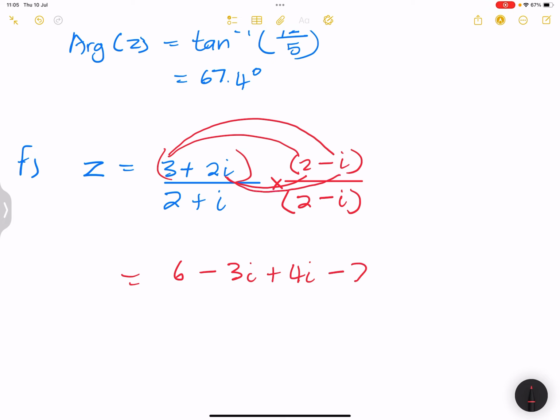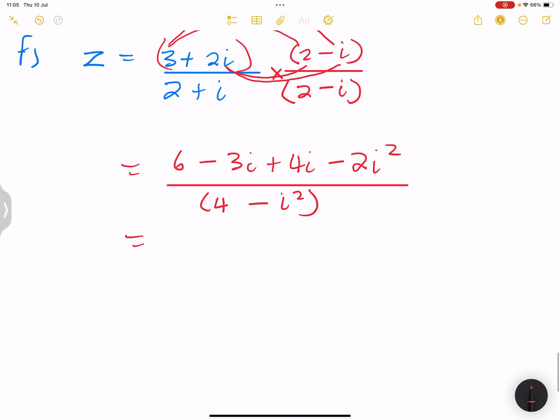That's going to be negative 2i squared. And this is divided by, when I look at the denominator, that's going to be 2 plus i multiplied by 2 minus i. That's going to be the difference of squares, right? So that will give me 4 minus i squared.